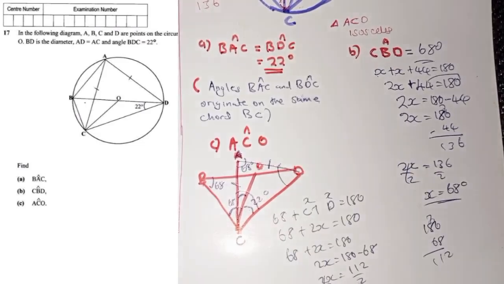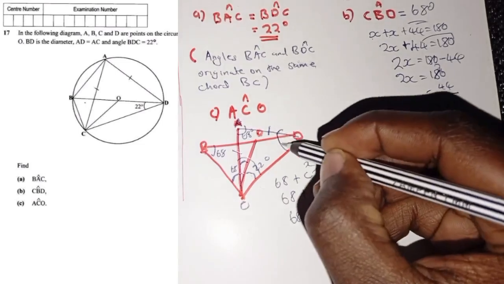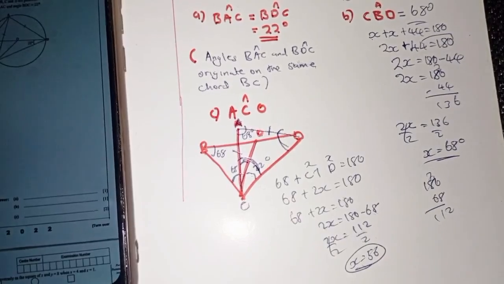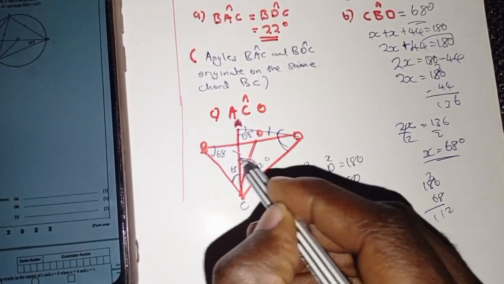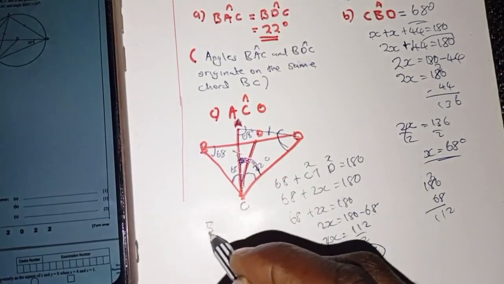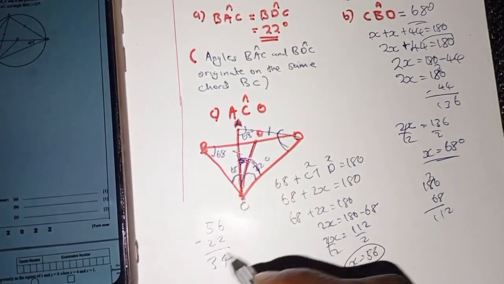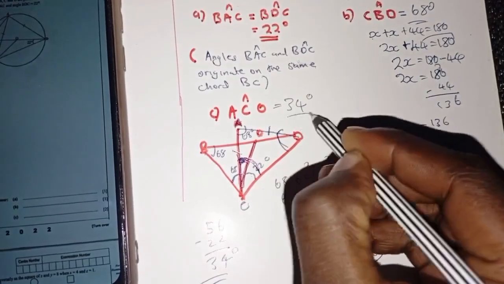So now, these two angles, this one and this one, are 56. Now we are looking for this particular one here, ACO. So we have a 22. So we just say 56 minus 22. We get 34. So this angle is 34 degrees.